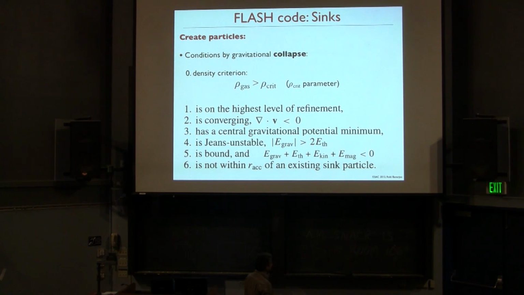How would it be possible to violate criterion 0 without... Maybe it's on top, so I guess it might be possible that you violated criterion 0 and didn't create a sink particle. What happens if you have a shock front, being high density, moving across your simulation box? The shock front has div V less than 0. I mean, mass is conserved. On all sides, that's right. Yeah, maybe it's a redundant criterion. I've never understood it.